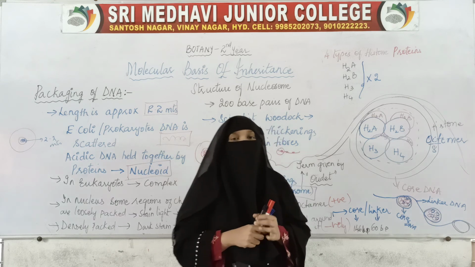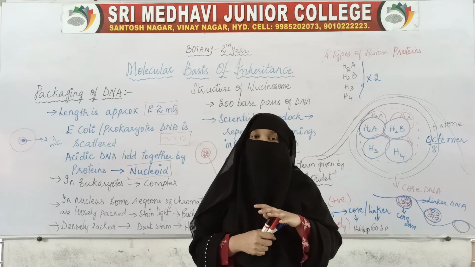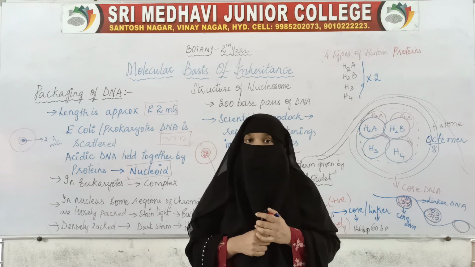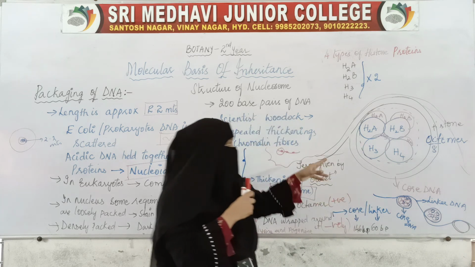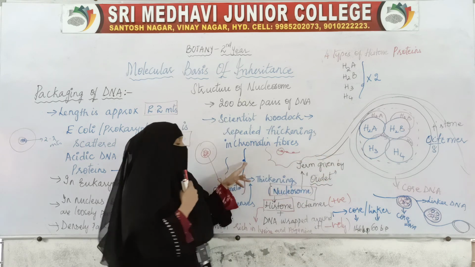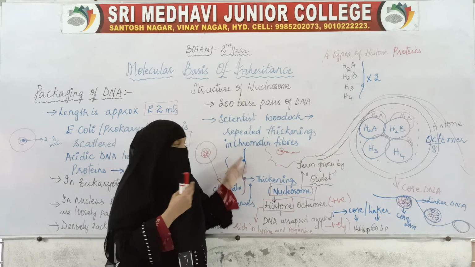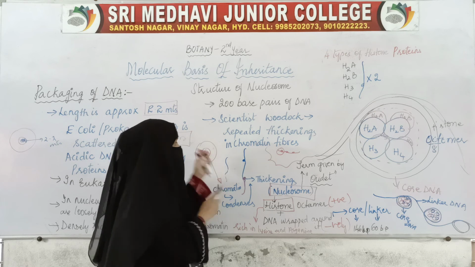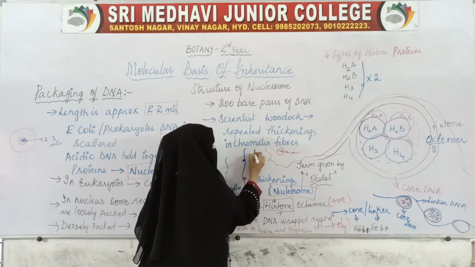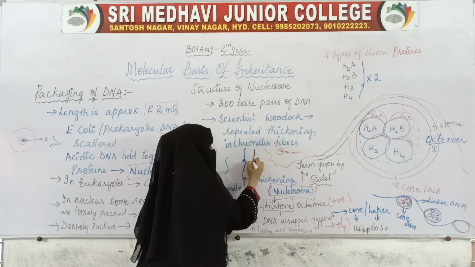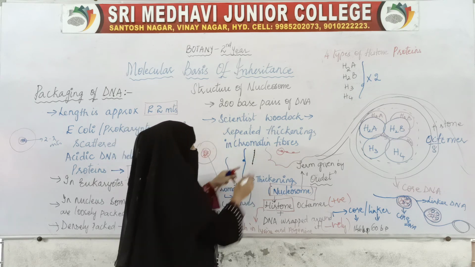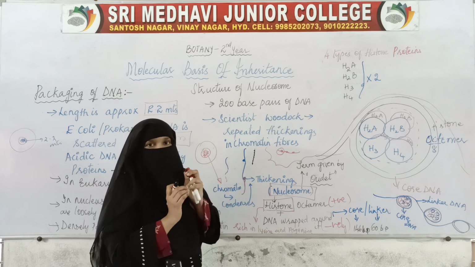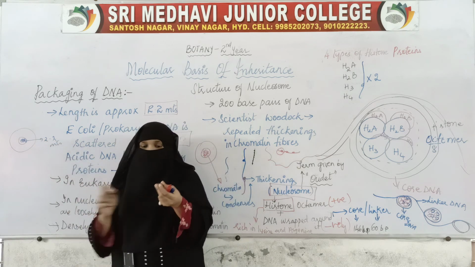We all know where the genetic material is present: it is inside the nucleus of the cell. How is it accommodated? Because of the condensation of the chromatin like this. So this 2.2 meters whole together is condensed into a smaller structure and fits inside the nucleus.